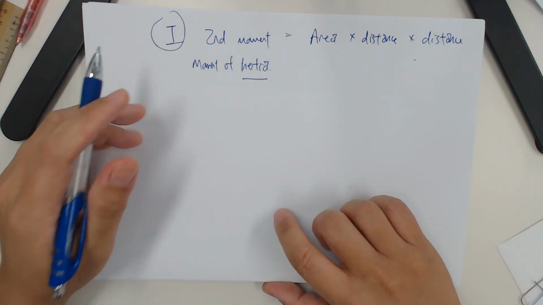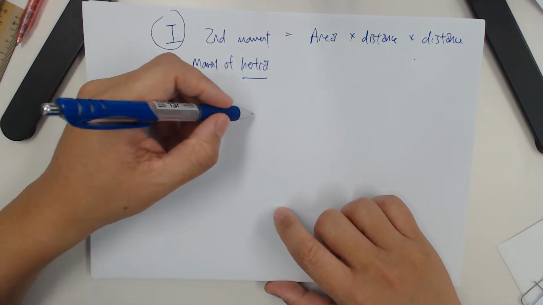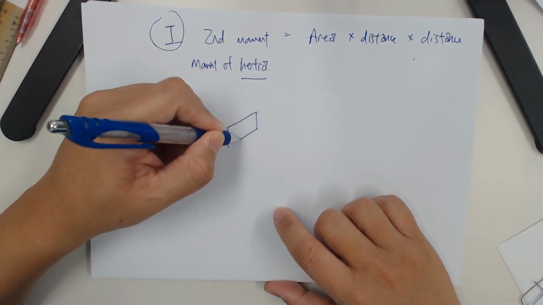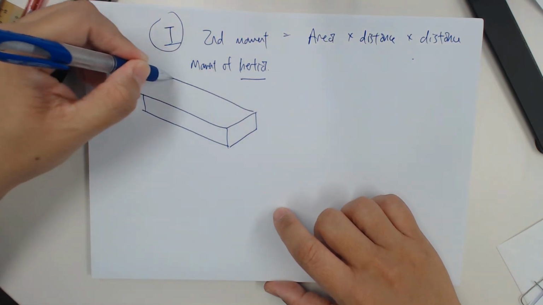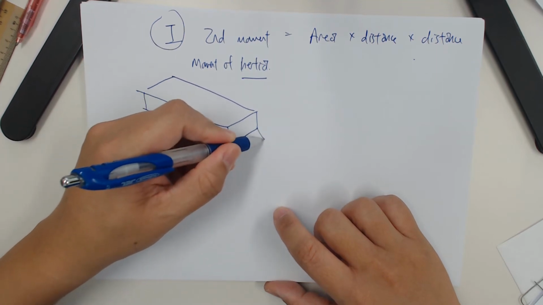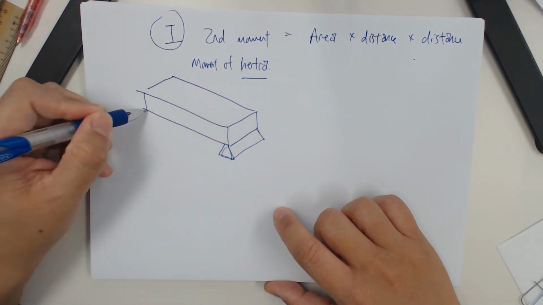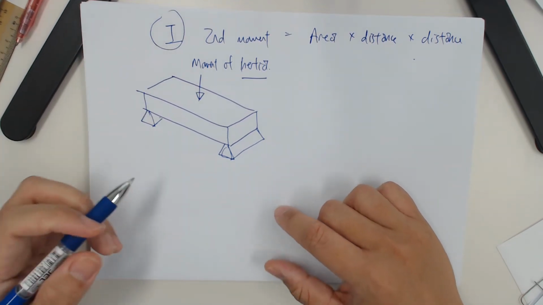The best illustration is looking at a beam. Imagine I have this long rectangle beam, supported at both ends. By now you should be familiar with this: supported at both ends, and then you have a point load at the middle.